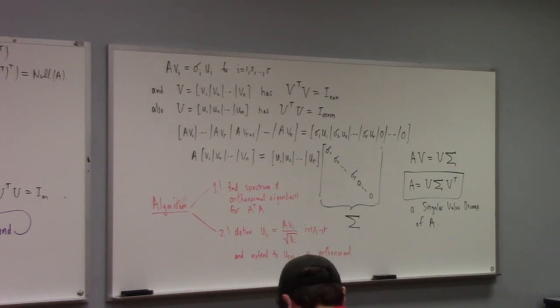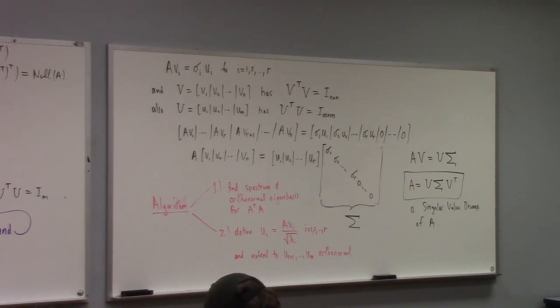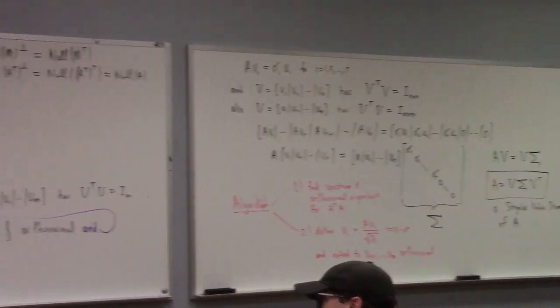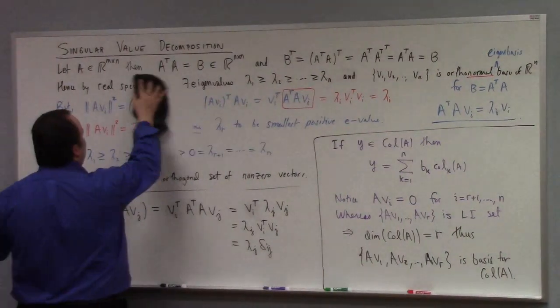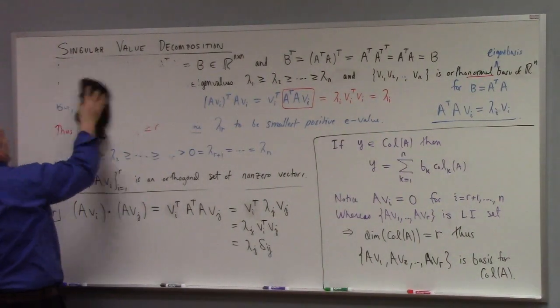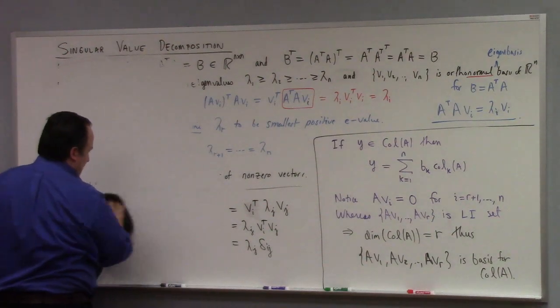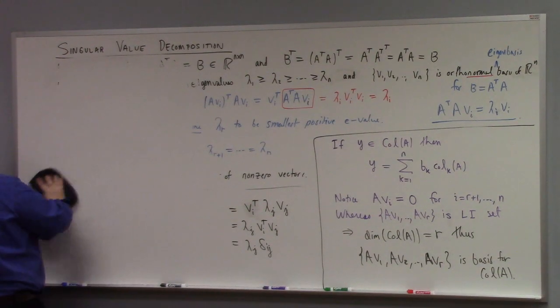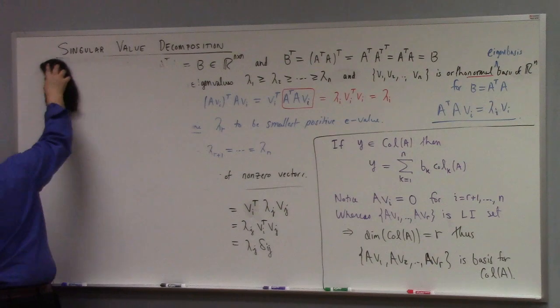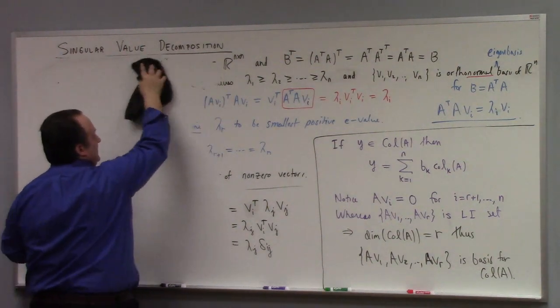So to recap, if you think back through it, any questions before I erase all the stuff that has answers to your questions? No? Okay. If you think back through this course, we have now seen how many different decompositions of a matrix? We started with what? The LU decomposition back in the day, remember that one? Then what else?